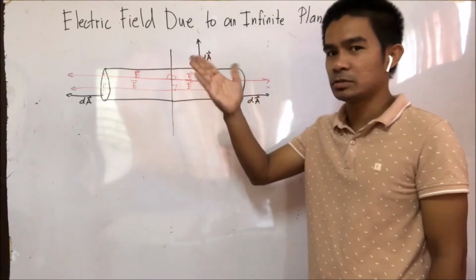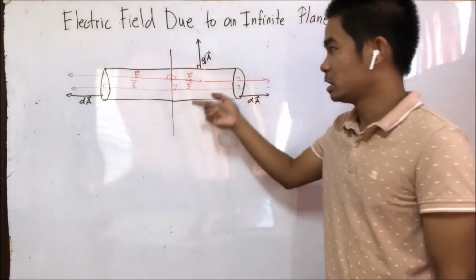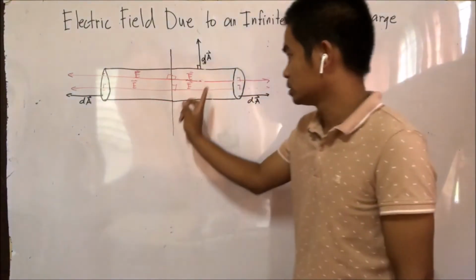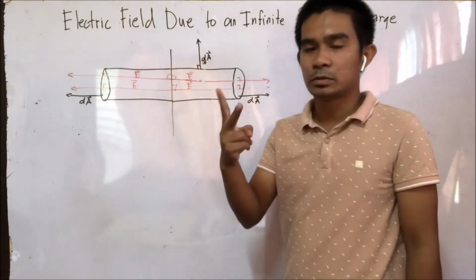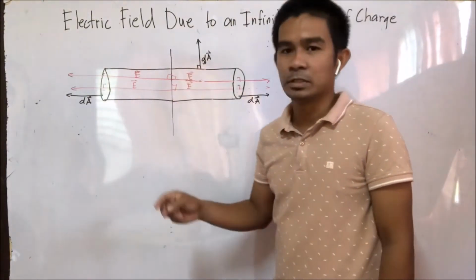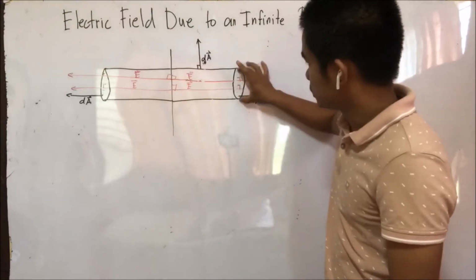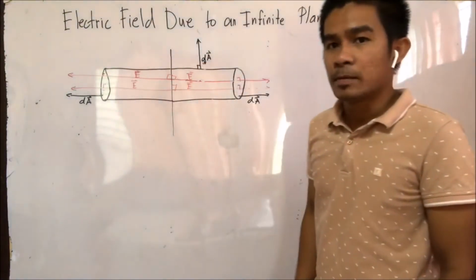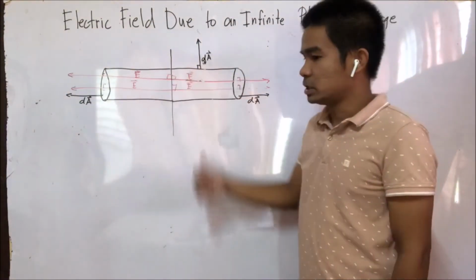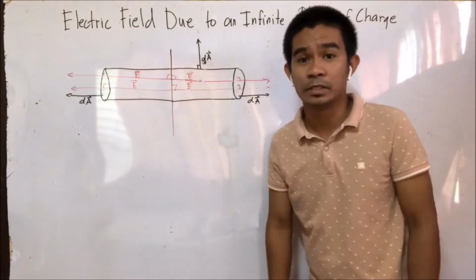Since the plane of charge has two sides, there's electric field going that direction, and there's also electric field going that direction. So there are two surface areas where the electric field will penetrate. One area is this one, and one area is this one. But the curved surface of this cylinder has no contribution to the integral surface area.